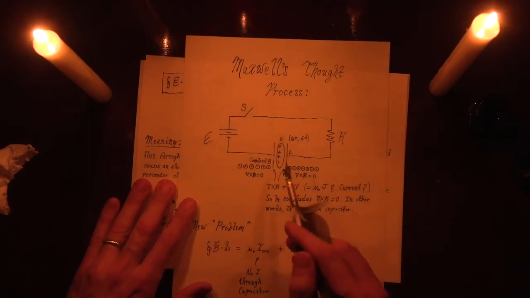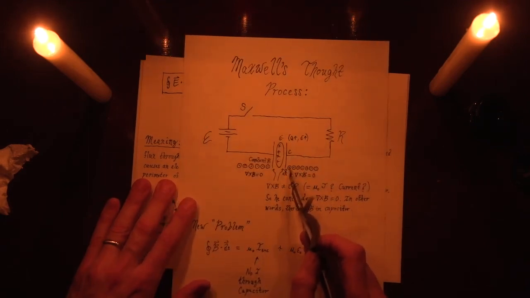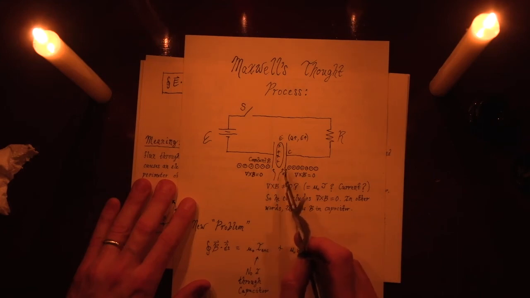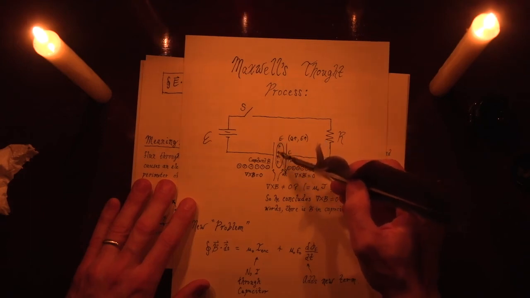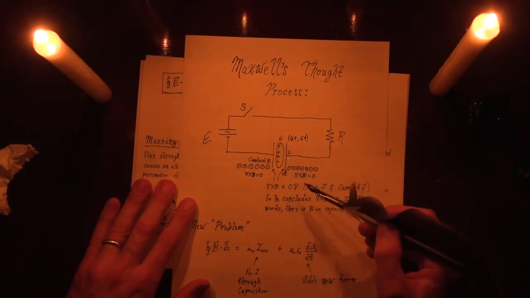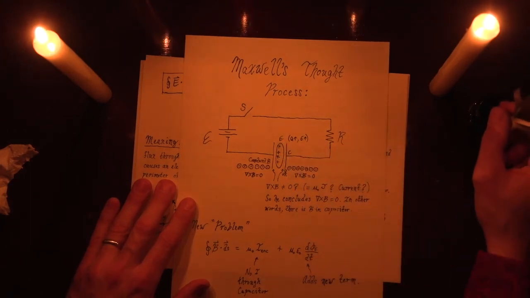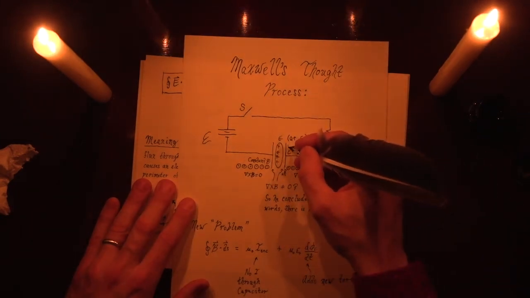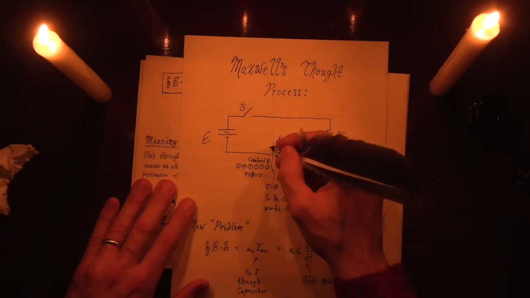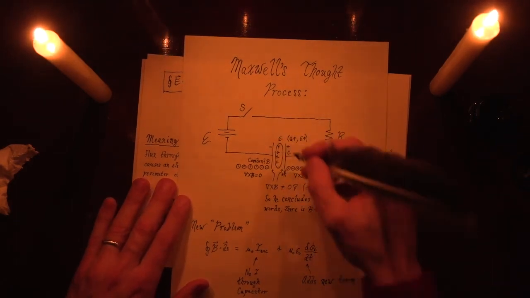And then he thought, well, okay, so I just concluded that there cannot be a curl in the magnetic field. There must be magnetic field here just the same as there was all along here and here. So there's the same magnetic field here. So what is going through this Amperian loop if it's not current? What's happening is as the current is flowing, this plate is becoming positive and this negative in the capacitor.